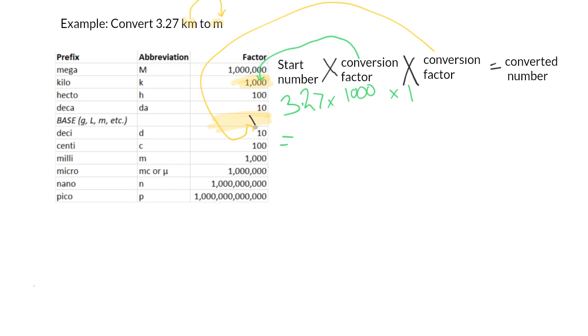So 3.27 times 1,000 is 3270 times 1, which just ends up being 3270 meters. Now I want you to notice something. When I went down, I started at kilometers and went down to meters. There's a multiplication.